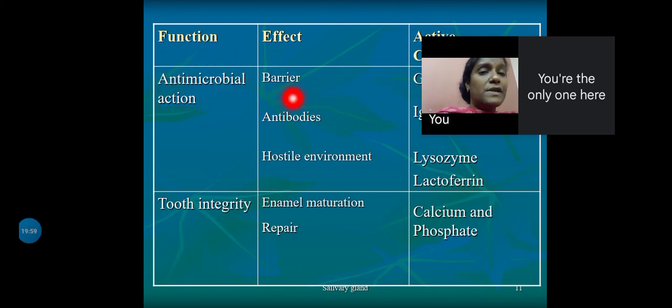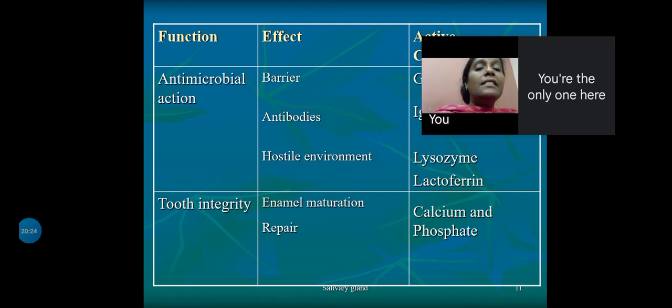First is the physical barrier effect brought about by the glycoproteins. Then through antibodies, salivary antibodies, that is secretory IgA, or through lysozymes and lactoferrin, creating a hostile environment which is going to make it difficult for the growth and multiplication of the microorganisms.